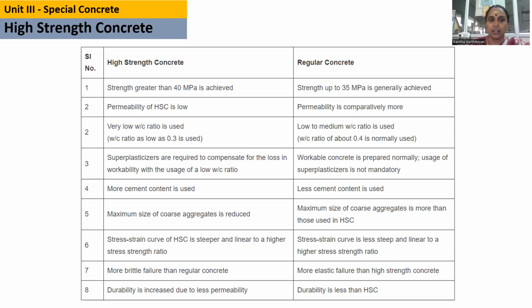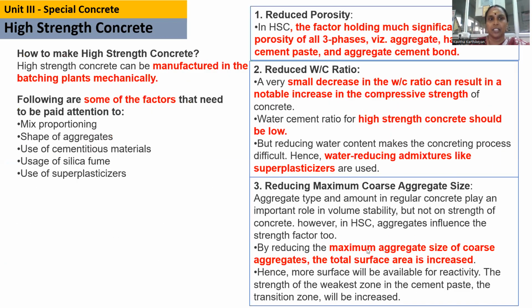The failure is more brittle in nature for HSC, whereas in regular concrete it is more elastic. Durability is increased in HSC due to the lower permeability, whereas in regular concrete the durability is lower than in high strength concrete.